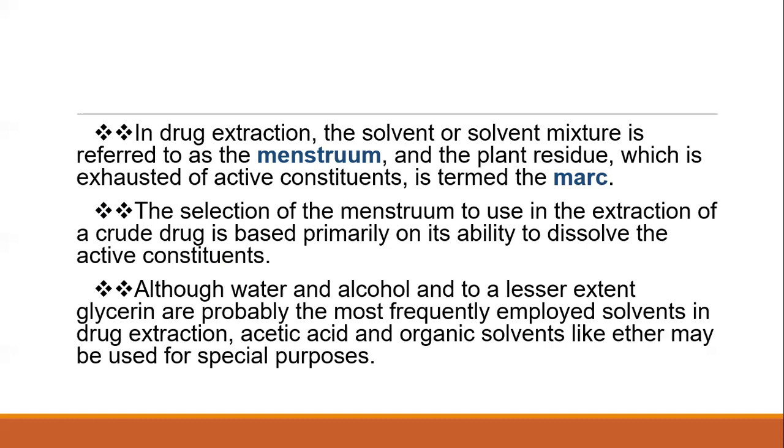Water and alcohol, and to a lesser extent glycerine, are probably the most frequently employed solvents in drug extraction. Acetic acid and organic solvents like ether may be used for special purposes.